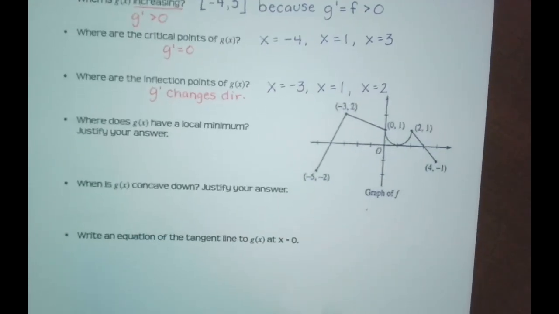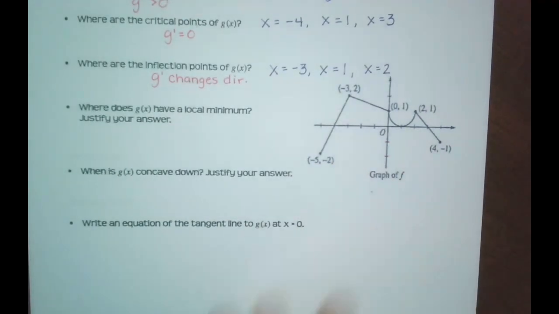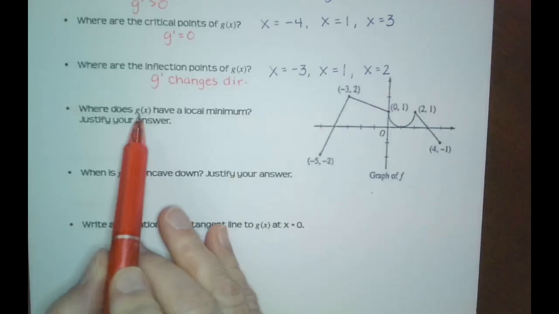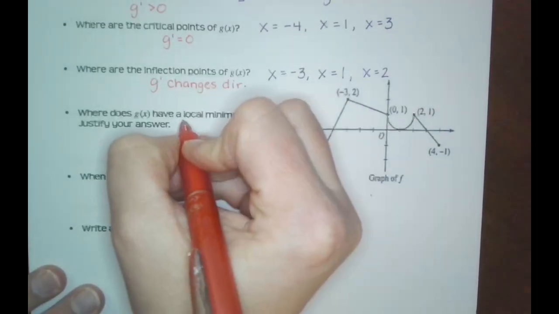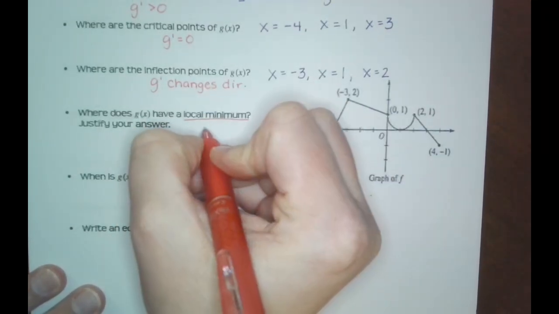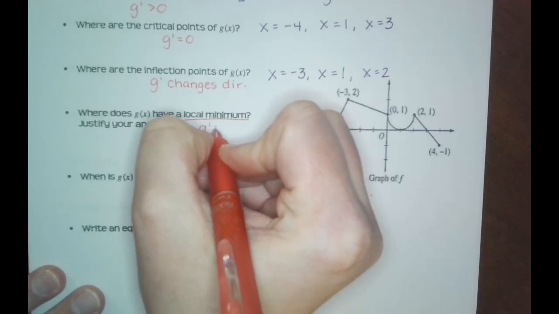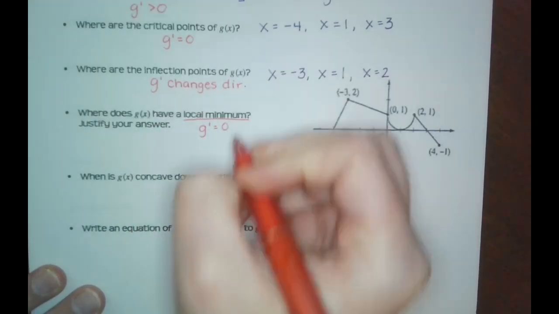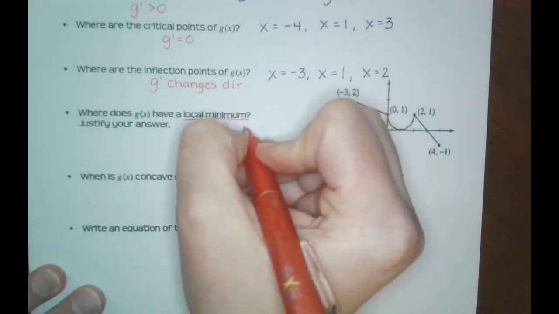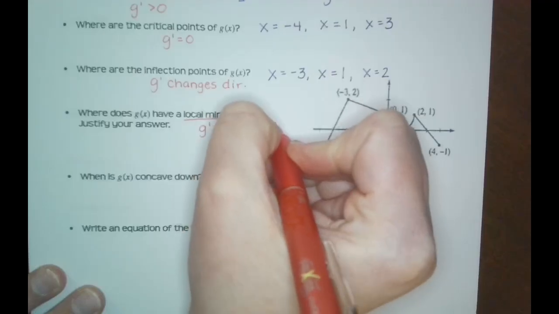Okay. This is the exact same picture. I just put it here so I didn't have to keep sliding it back and forth. So when do we have a local minimum? Okay, so anytime I'm asking you about a local minimum, first we need a critical point. So we need G prime to equal 0, and we need it to be changing from negative to positive, right?